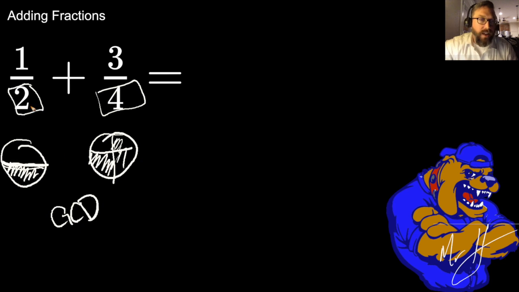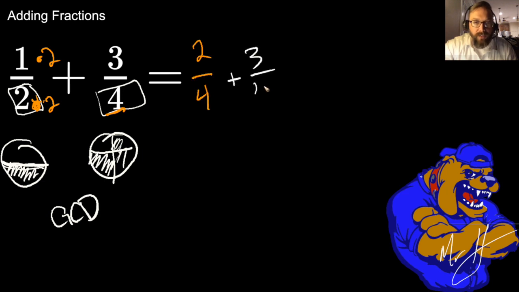Now, y'all might just intuitively know that we need to multiply the numerator and the denominator by 2, because that would get us to a common denominator of 4. And so that would give us 2/4 plus 3/4.